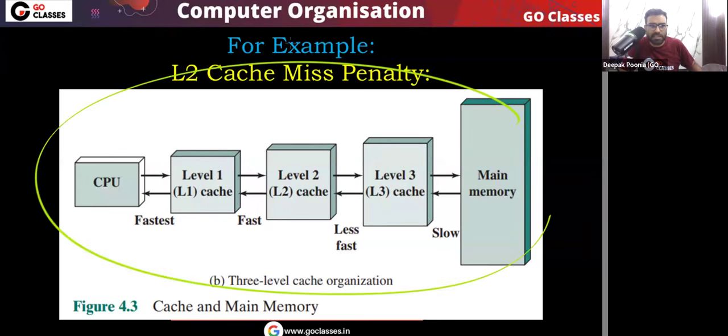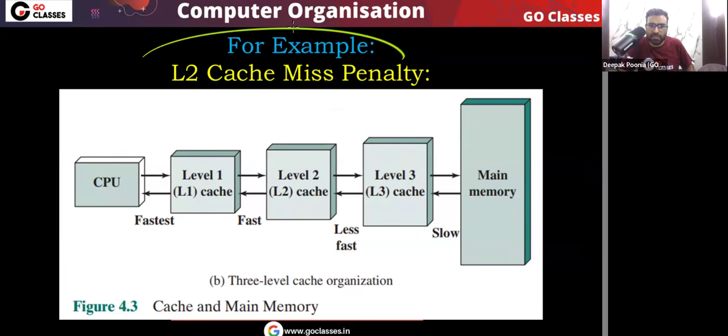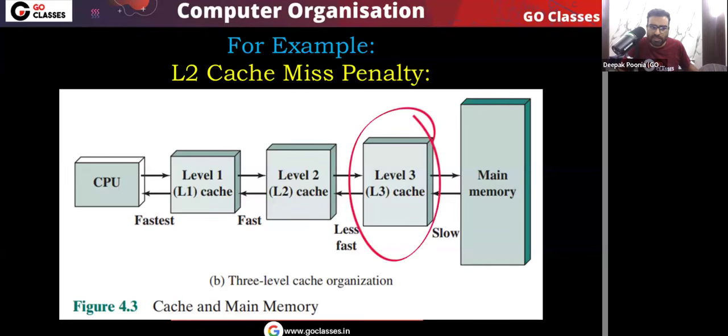From this diagram, let's try to understand what the L2 cache miss penalty is. Very simple. When there is an L2 cache miss, then always we have to access the L3 cache. Whether there is a hit in the L3 cache or a miss in the L3 cache, we will always access the L3 cache. So this L2 cache miss penalty simply means we will always access this L3 cache to check whether there is a hit or a miss in the L3 cache.